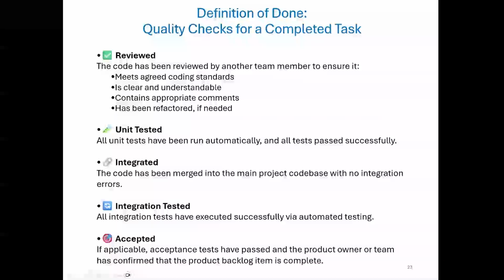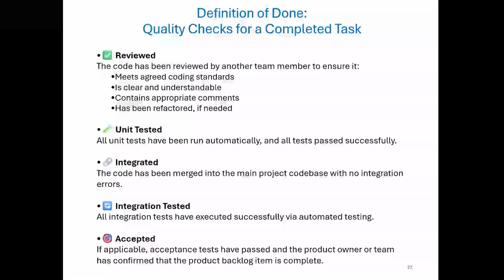Let's talk about something really important in Scrum, something that helps us all stay clear on what finished actually means. That's the definition of done. A common problem in software teams is when one person says, I'm done with this task, and someone else finds out later that it wasn't really done.